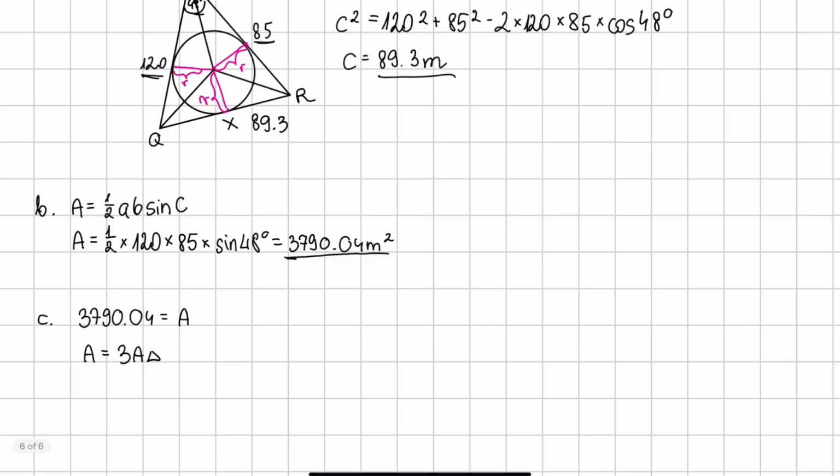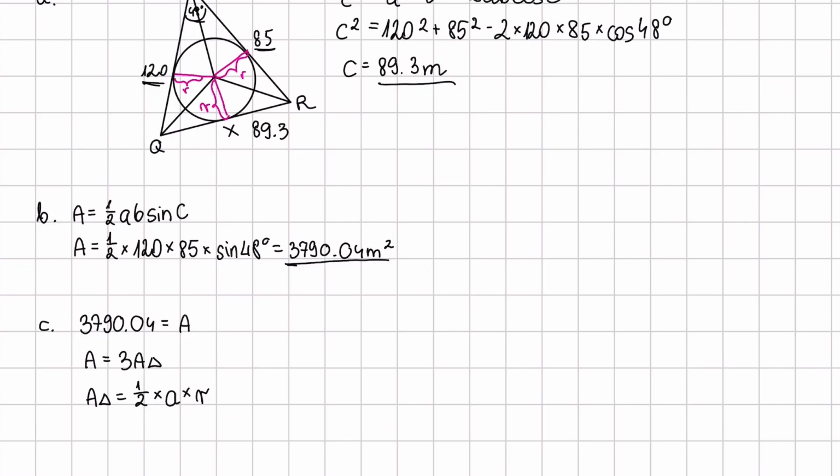The area of a small triangle is 1/2 times base times height, and in our case the height is just R, the radius. So now we can calculate the area of each small triangle. We can denote them as 1, 2, and 3.